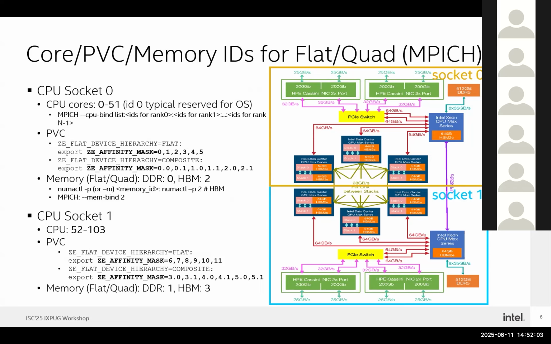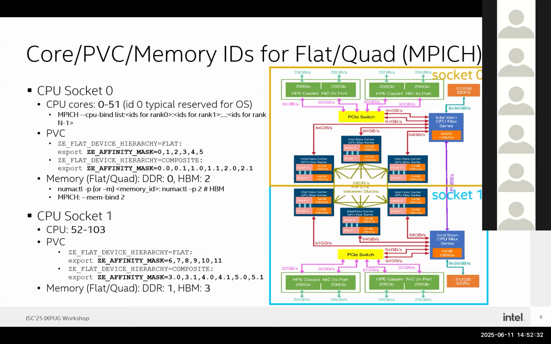And for PVC, there are two ways to label these GPUs. There is a flat mode where, as you see in the text on one of the GPU boxes, there are two colors. One is pink, the other one is orange. And that represents different tiles, the two tiles.